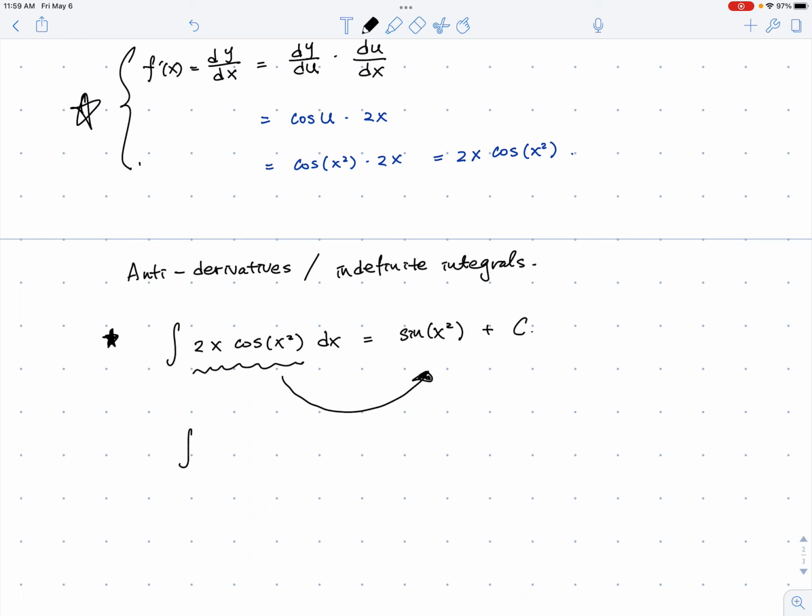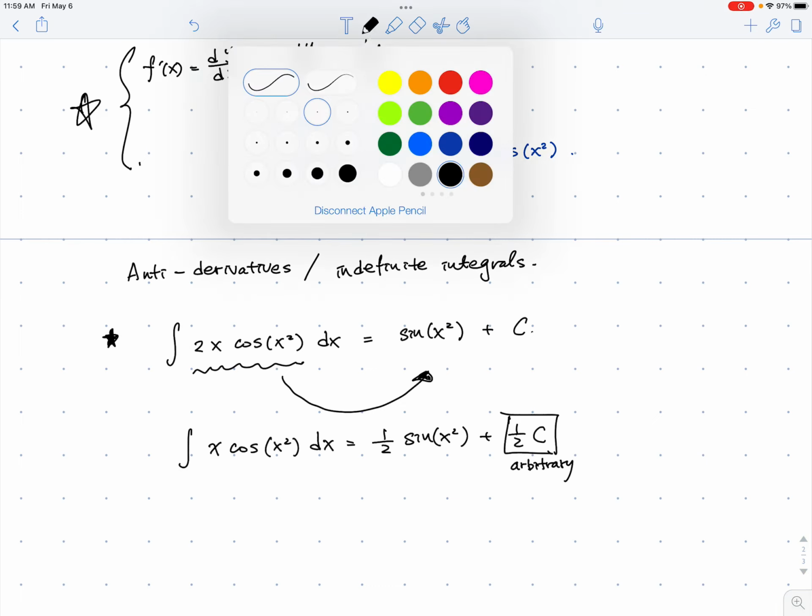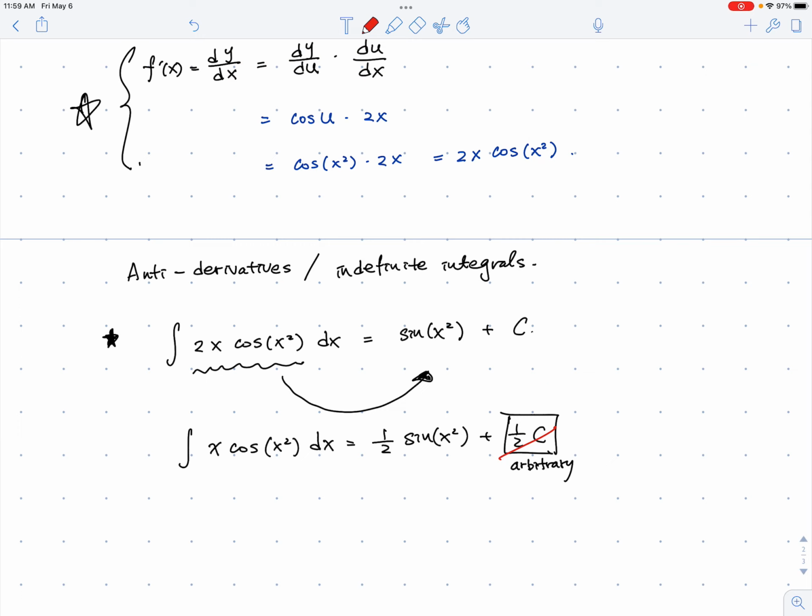If I divide by 2, I would have the integral of x cosine x squared equals 1/2 sine of x squared plus 1/2 c. But remember, this c is arbitrary, so I can just call it c again, abusing the notation. This c represents any constant.